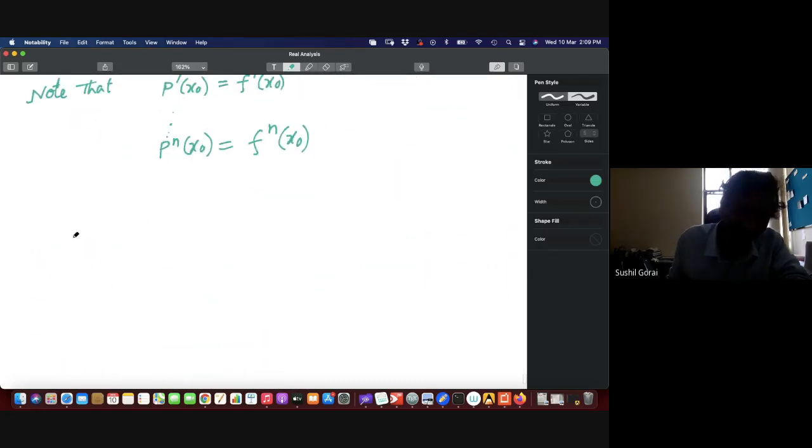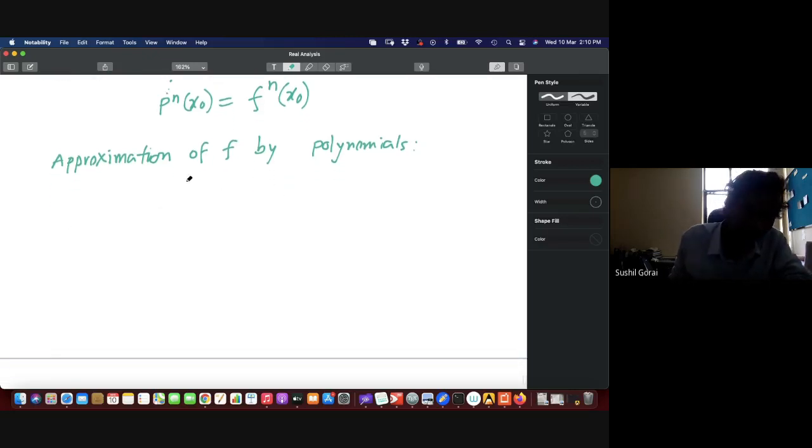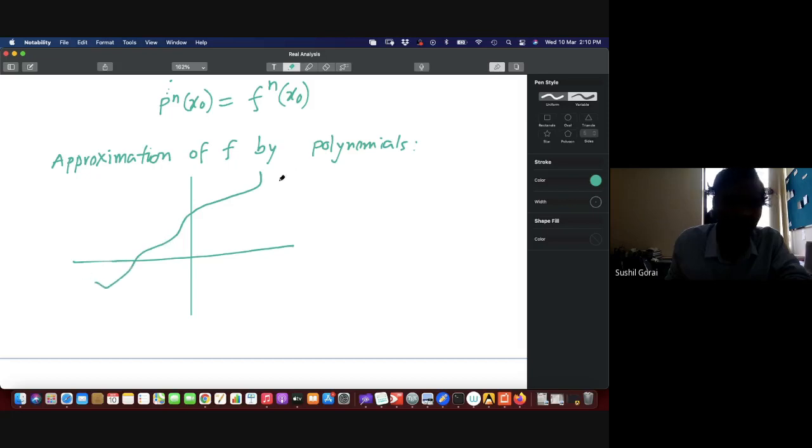Now Taylor's formula, let me give a geometric interpretation, which is approximation of f by a polynomial. In what sense? Suppose this is the graph of f.